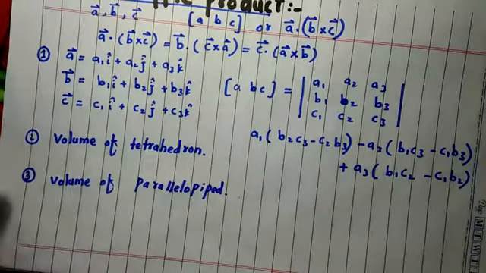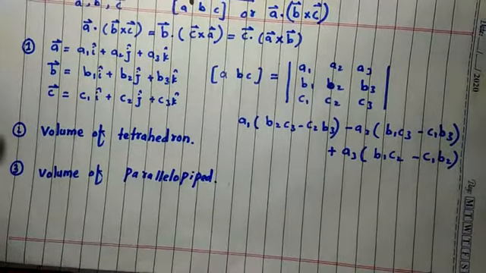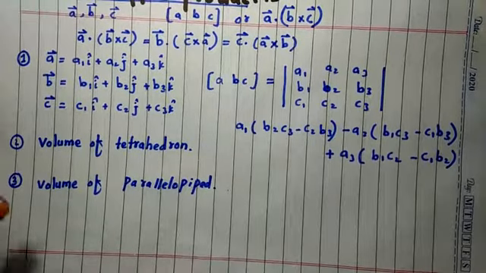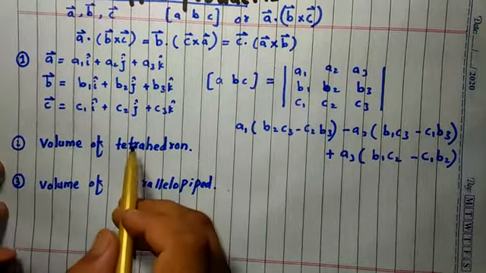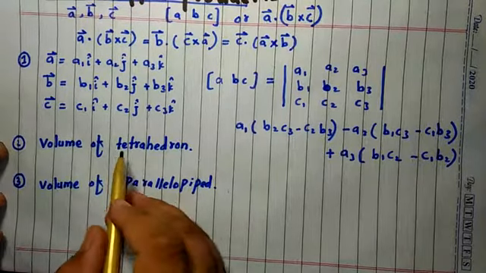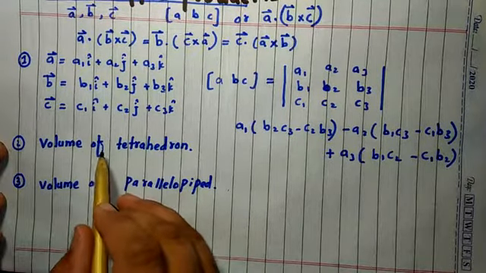Simply we know that in our two vectors product, as scalar product or vector product, we had dealt with area. So here we have at least three vectors, so now we are going to deal with volume.